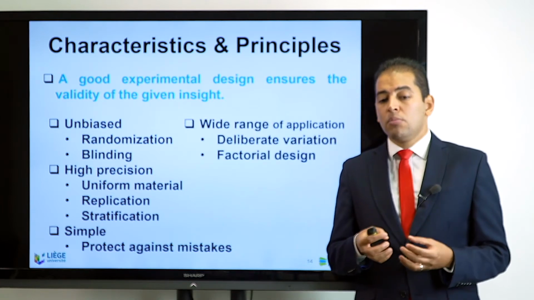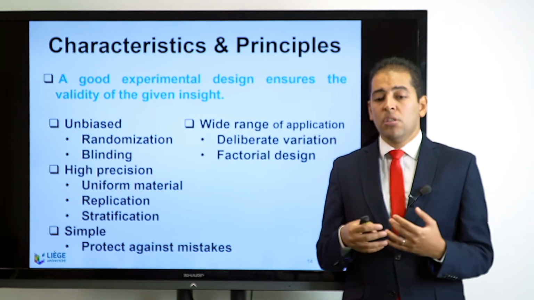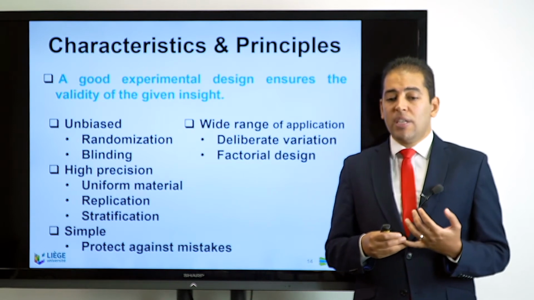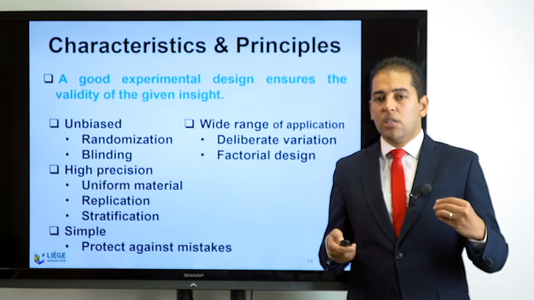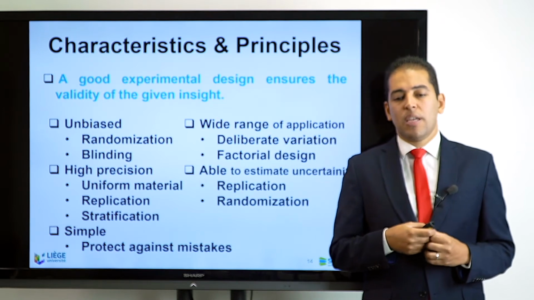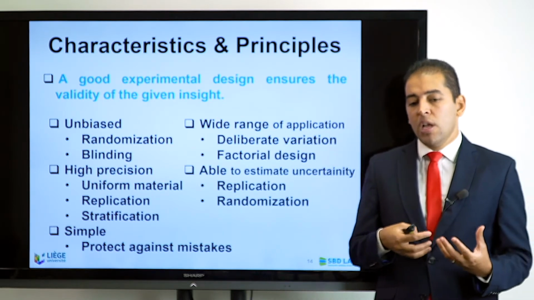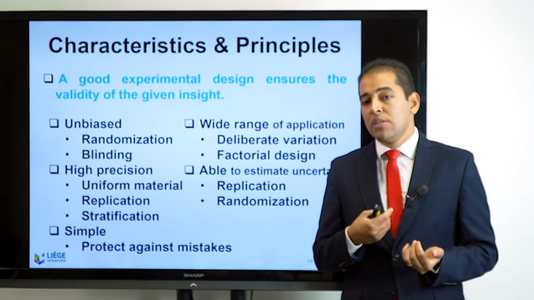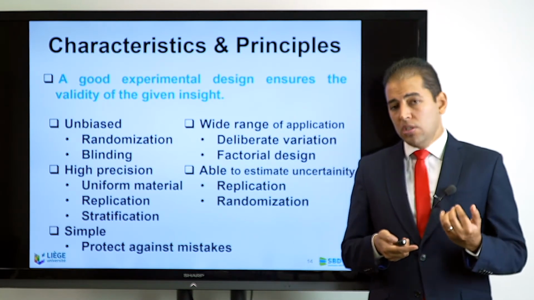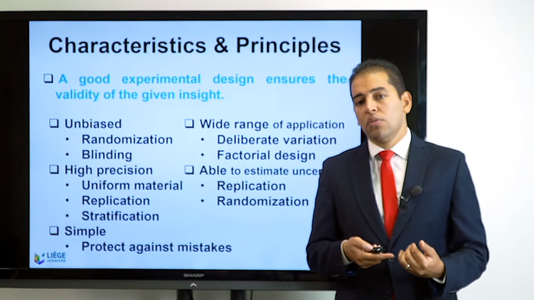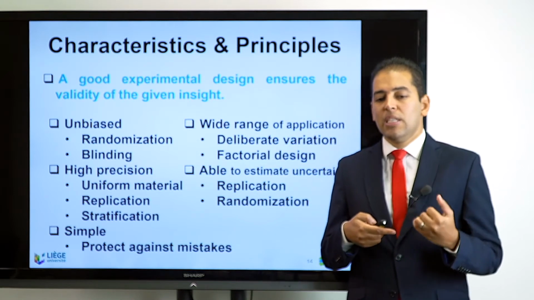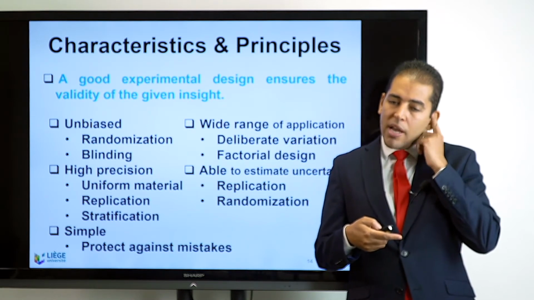Also, a good experiment must have a wide range of application so that we deliberate the variation. We have a factorial design to select the tests and be able to estimate the uncertainty and the confidence interval, the range of error, through randomization and replication. So this is also to take into account that a design of experiment is seeking excellence and high confidence in reducing the uncertainty.